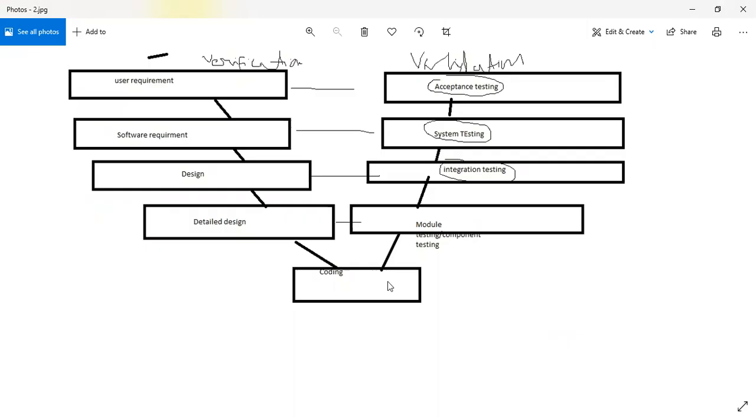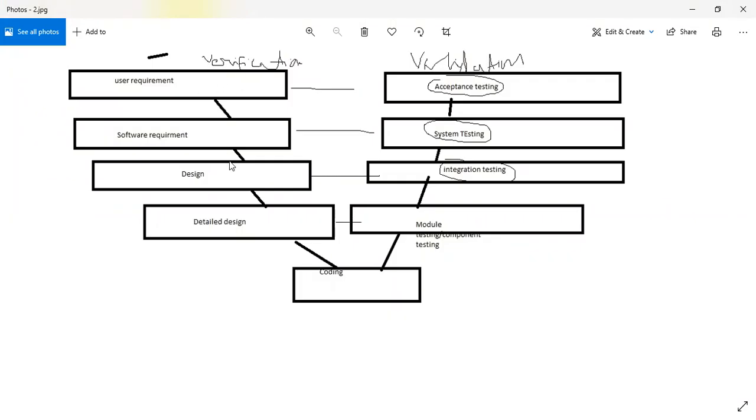If you look at this model, this is the V model. On the left side, the verification side, all of these come under the development phases. On the right side, all come under testing phases. That is why we call it a verification and validation model.